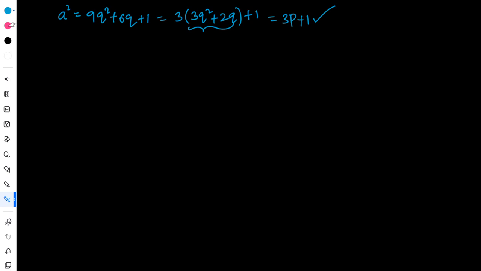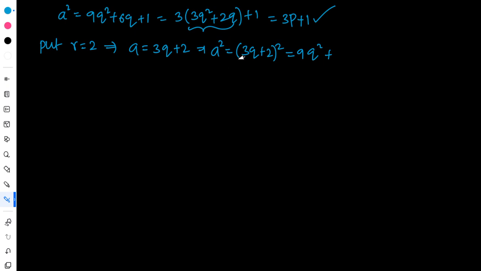Put the last one. Put r equals to 2. If r equals 2, a equals bq plus r, that means 3q plus 2. Now square this one. a square equals 3q plus 2 whole square. So a plus b whole square: a square plus 2ab, 2 times 3 is 6, 6 times 2 is 12q, plus b square 4. Okay.